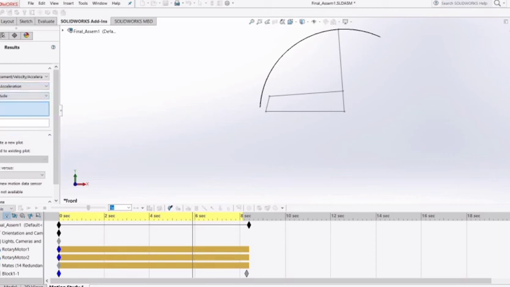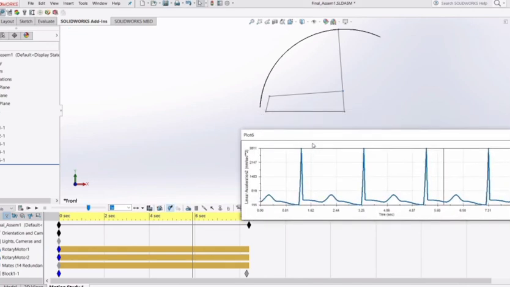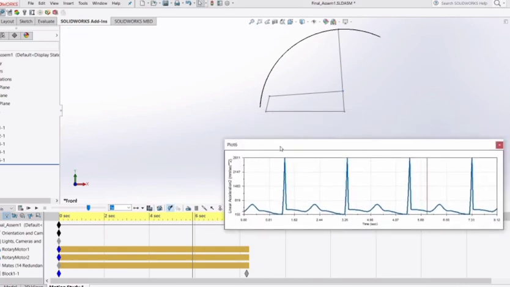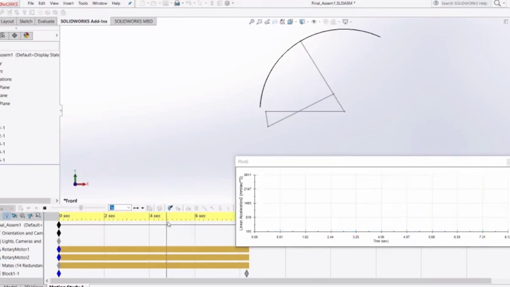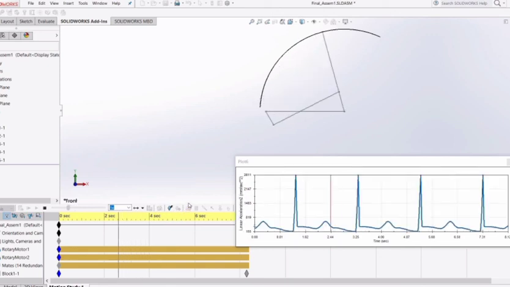We want the magnitude graph. Suppose we want the output of this point, and it is as follows. The maximum acceleration is about 2.8 meters per second squared.